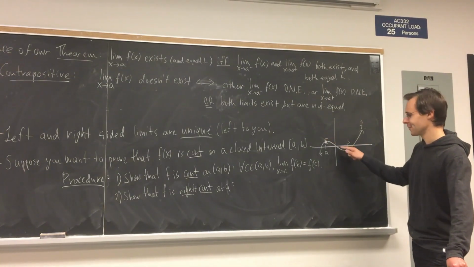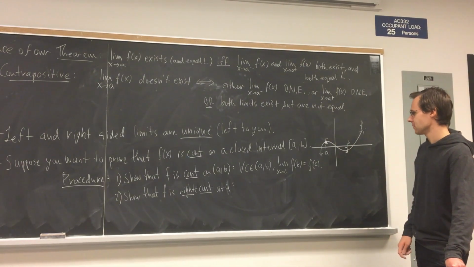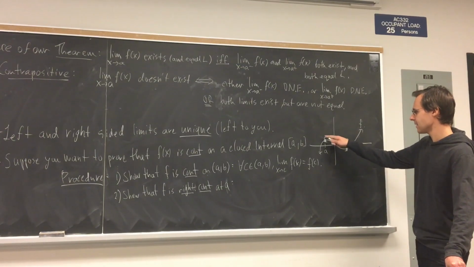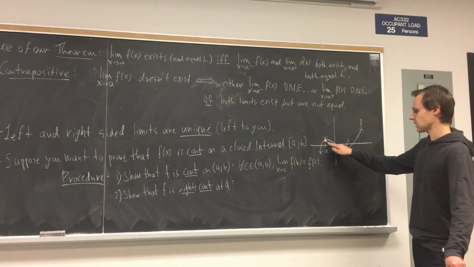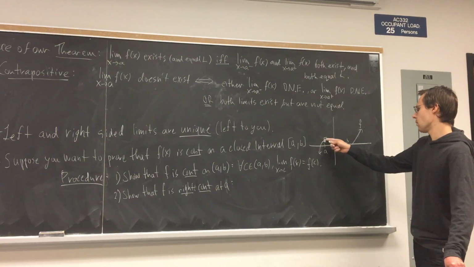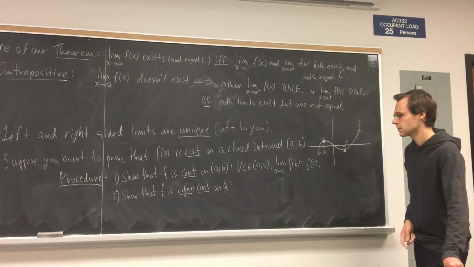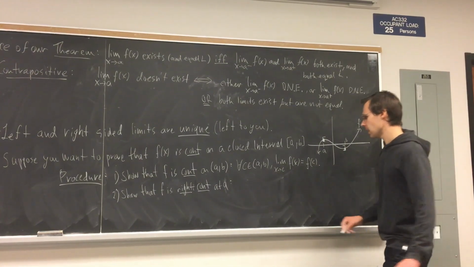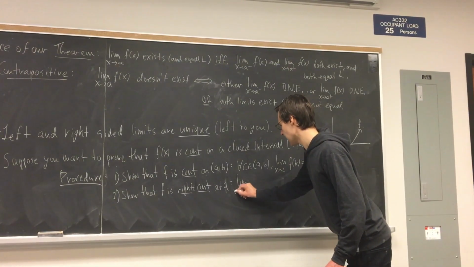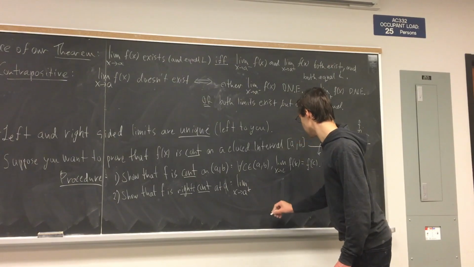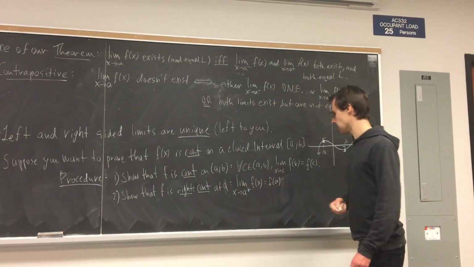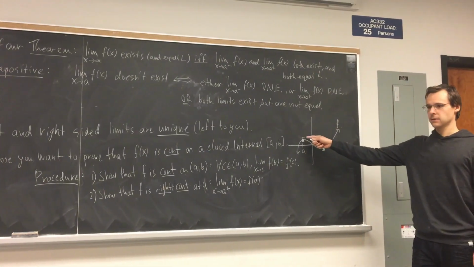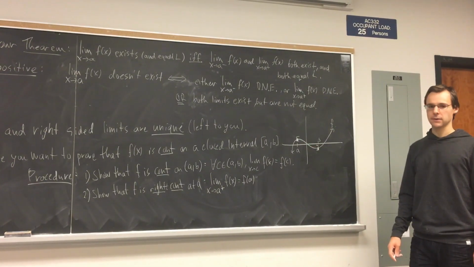As you approach a from the right side, so within the closed interval that we're considering, we are now tending to the endpoint. We want to show that f will have the expected value, that maybe there isn't a hole here that's filled in somewhere else later, okay? F is right continuous at a. That means that the limit as x approaches a from the right side of f of x exists and equals the expected value f of a. Okay? We fill in this endpoint here with the value that it should have.